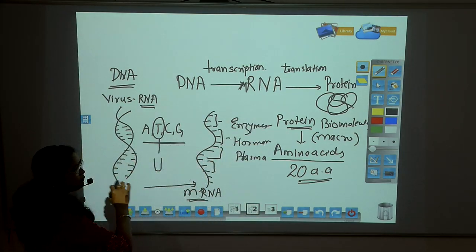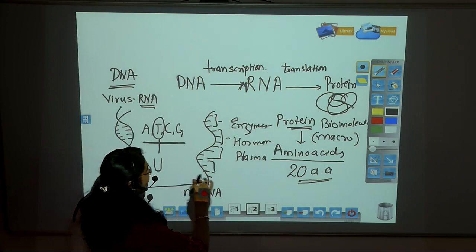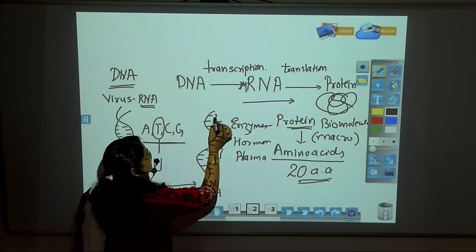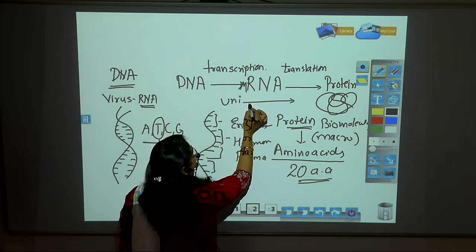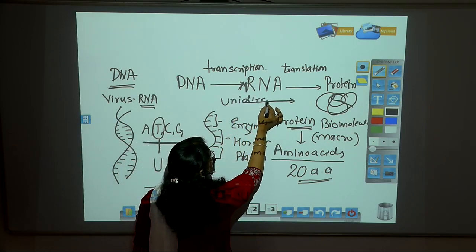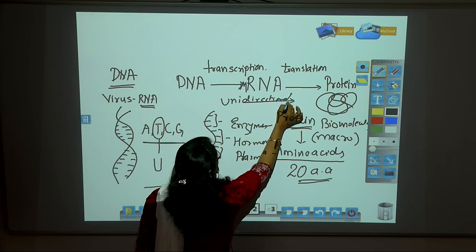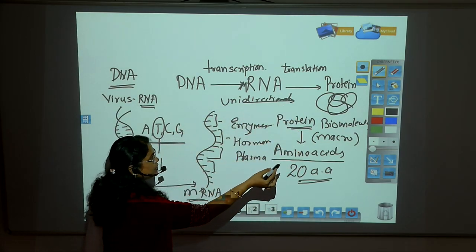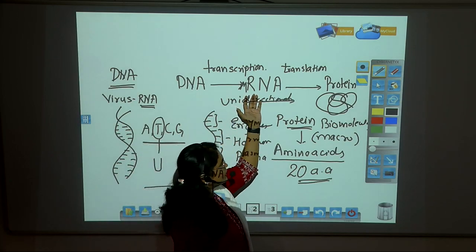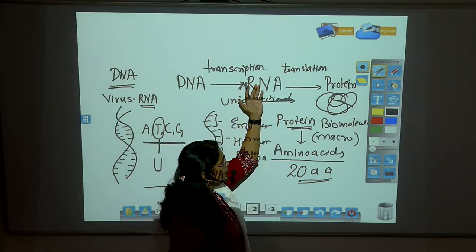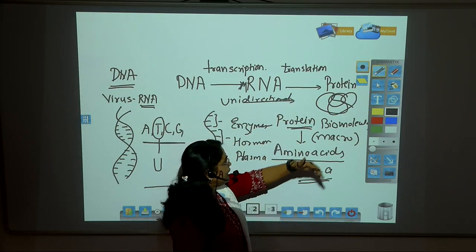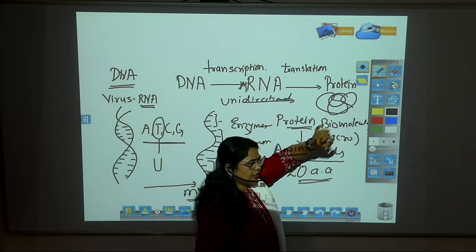When the flow of information is carried, it is always in a single direction. That is, it is unidirectional. From the DNA, the message will be carried to messenger RNA. From the messenger RNA, in the translation process, the coded language will be decoded, and the proteins will be synthesized.